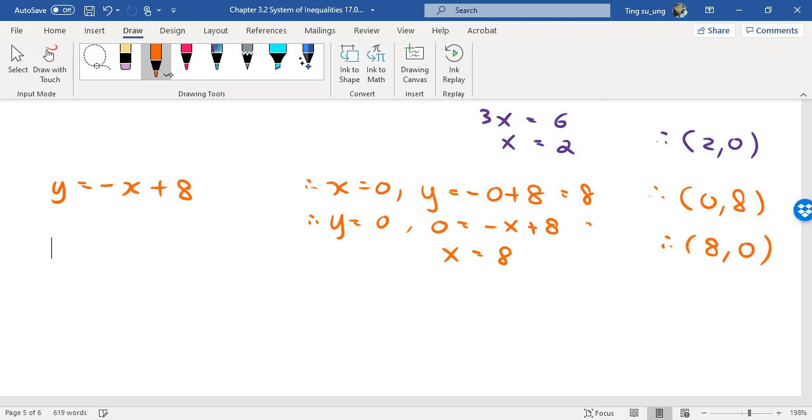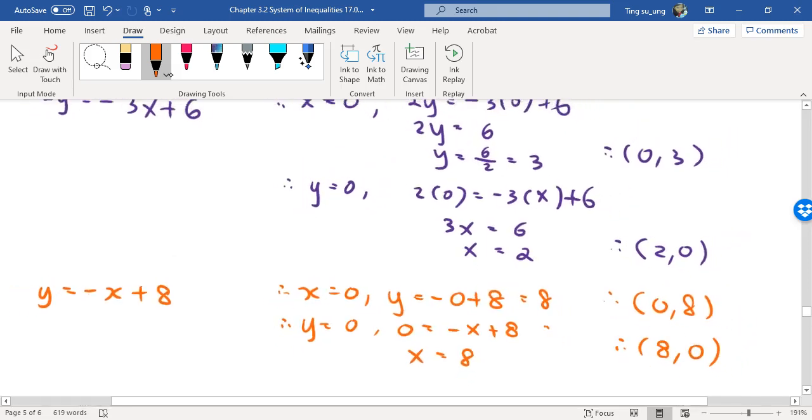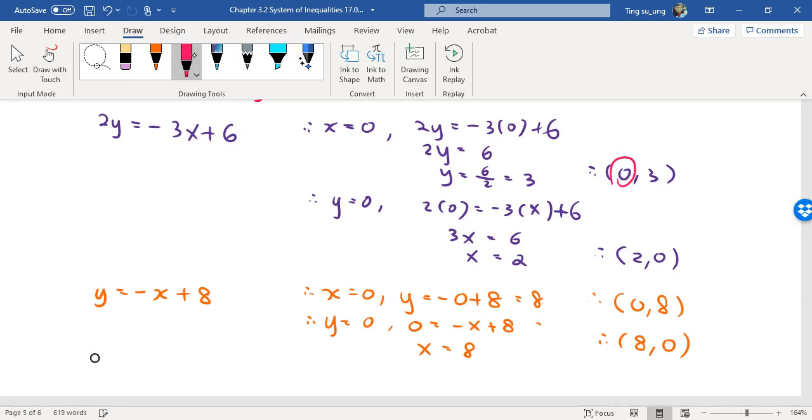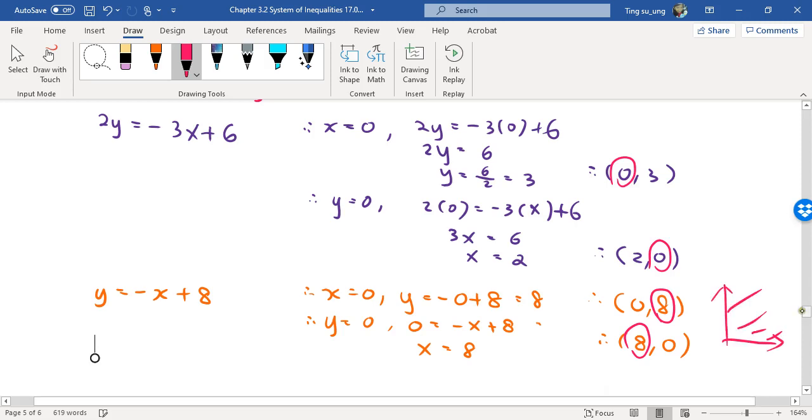Look at the points here. Obviously, you can see already that for x, the smallest value is 0 and the biggest value is 8. For y, the smallest value is 0 and the biggest value is 8. So your graph is only on the positive side, right?